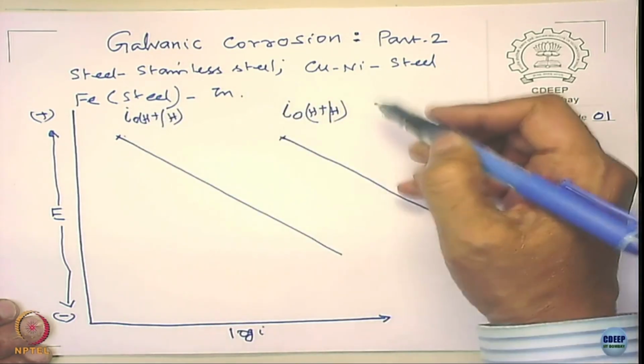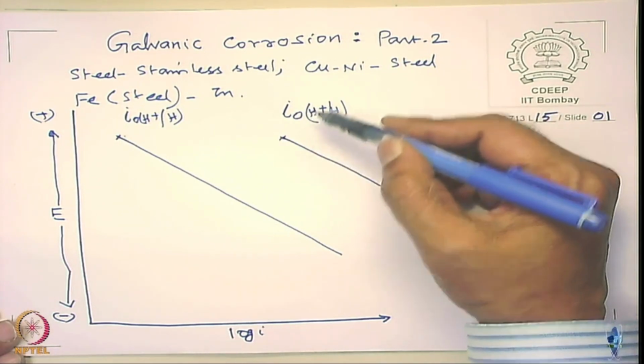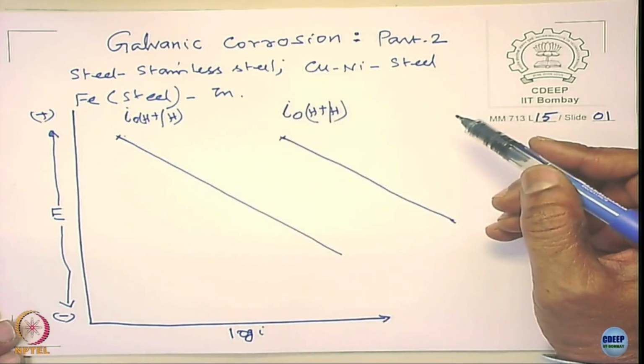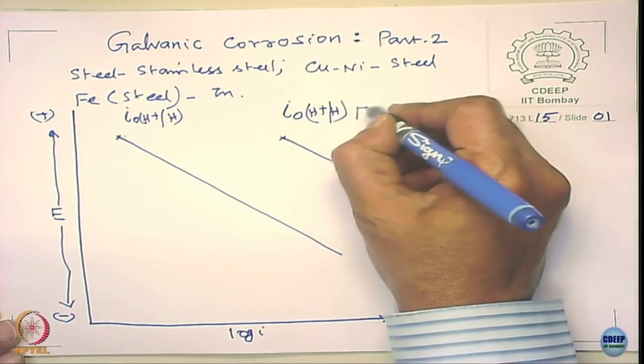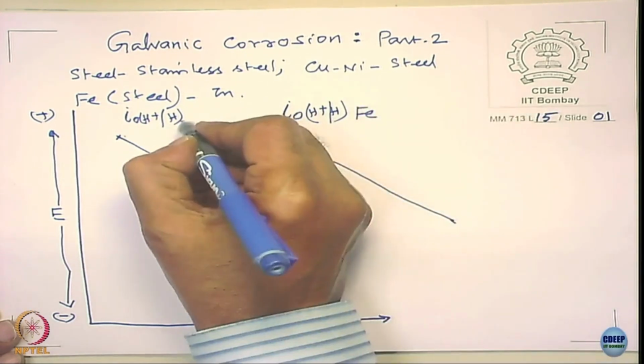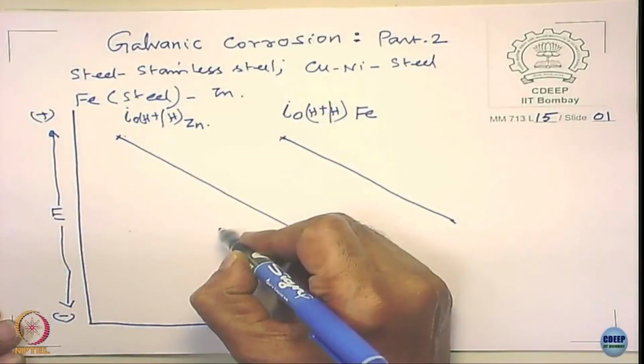Which one corresponds to iron and which one corresponds to zinc? The exchange current densities for Fe2+/Fe and Zn2+/Zn are almost the same, 10 to the power minus 6 or so. So it's not going to change much.